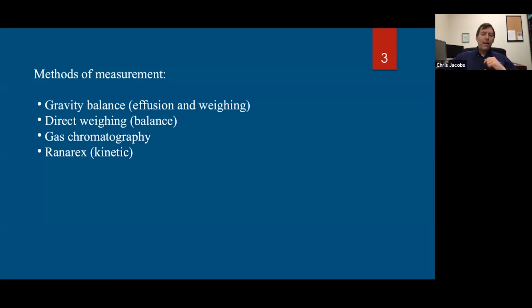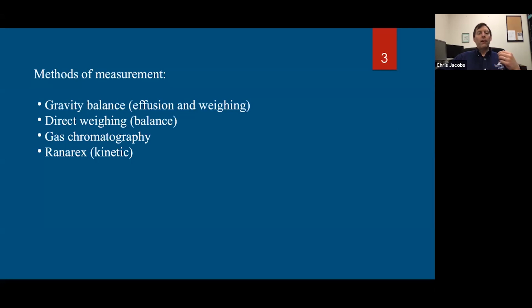The third option I have on my list is gas chromatography. I mentioned briefly that gas chromatography is a much better way to determine gas composition, because the way we use chromatography is we run a gas sample through a chromatograph, and that sample is physically separated into its individual components and quantified.